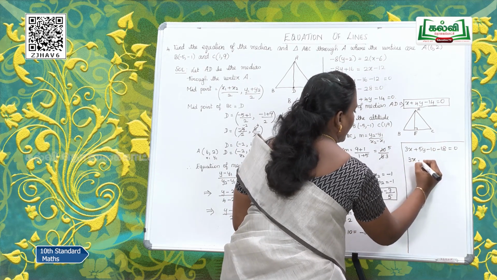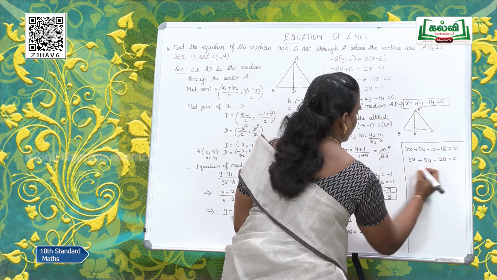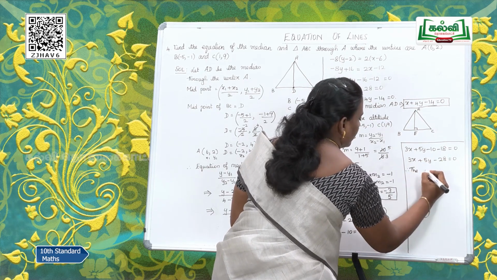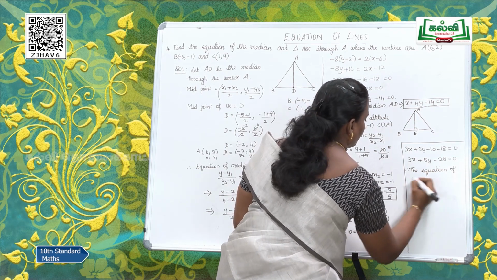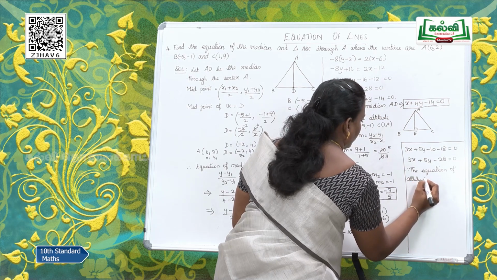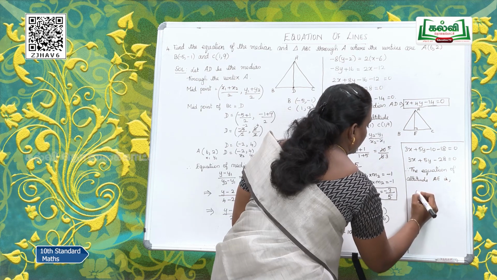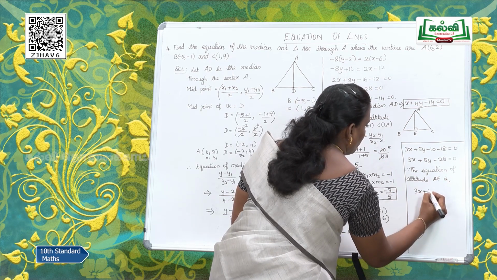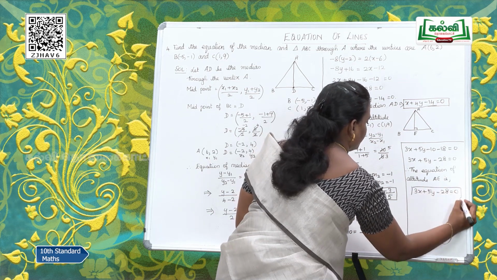So, I get 3x plus 5y minus 28 is equal to 0. Therefore, I will say the equation of the altitude AE is 3x plus 5y minus 28 is equal to 0.